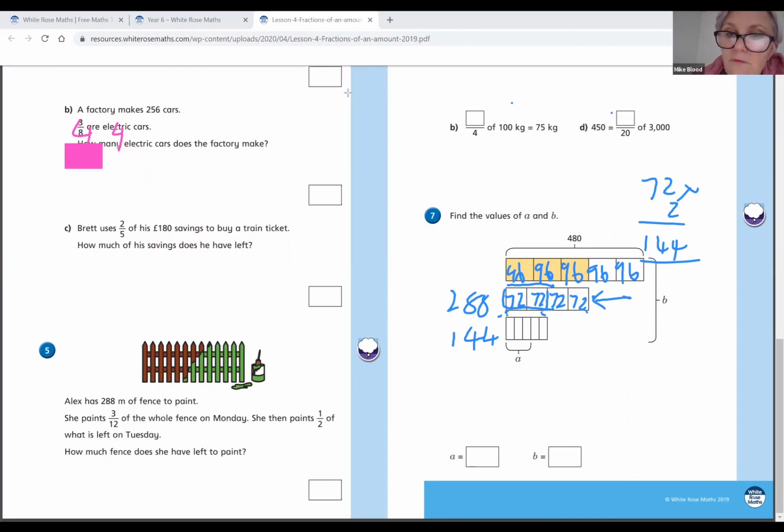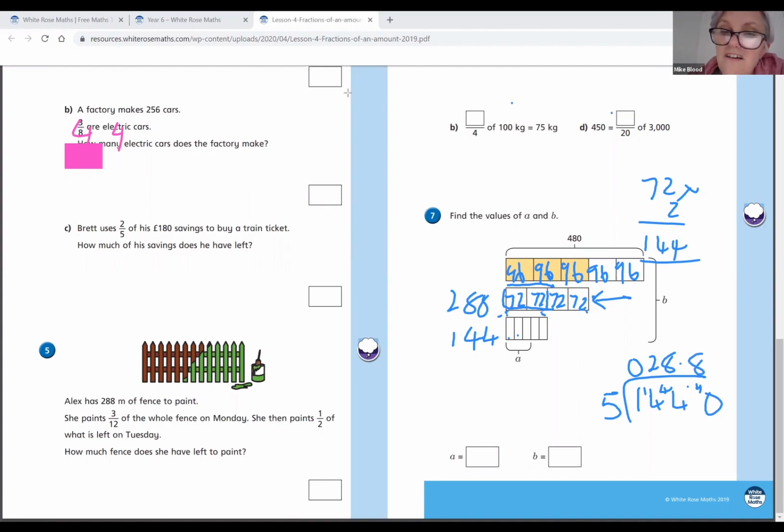So I'm going to work out what one of them is by doing 144 divided by 1, 2, 3, 4, 5. So 5's into 14 goes 2 with 4 left over. I can immediately see I'm going to have some kind of decimal or a remainder. So 5's into 40 goes 8. So one of those is 28.8.